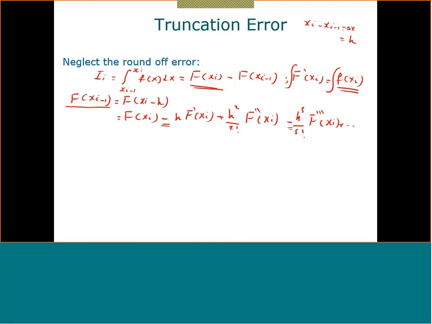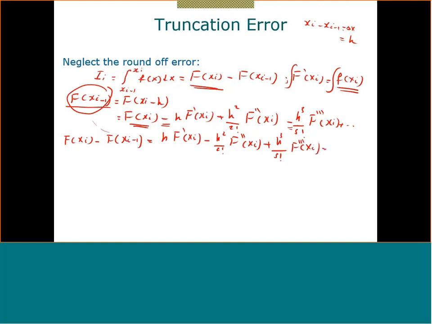Now, if I take this quantity to the other side and move everything else to the other side, I will have f of x_i minus f of x_{i-1} equal to h f prime of x_i minus h squared over 2 factorial f double prime of x_i plus h cubed over 3 factorial f triple prime, minus, and so on and so forth.